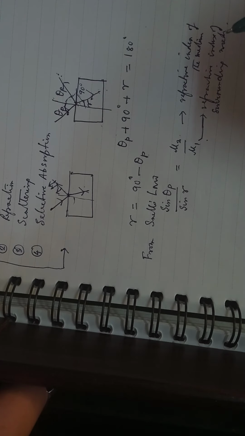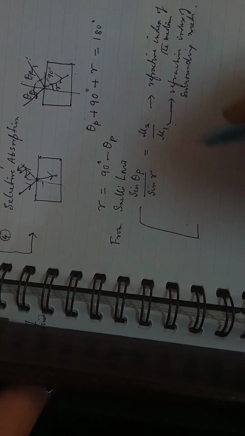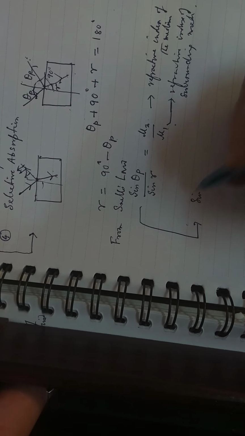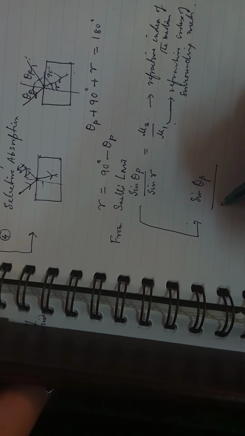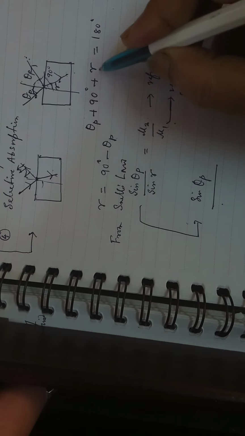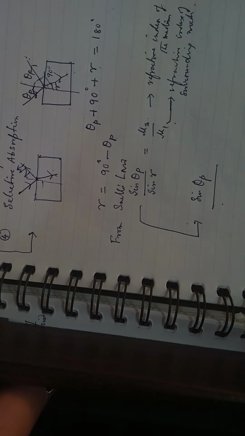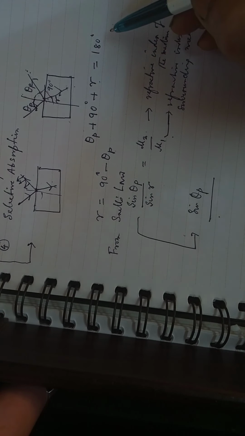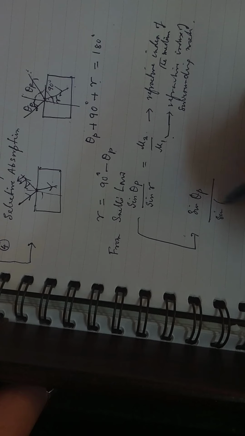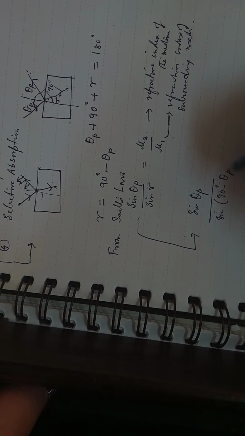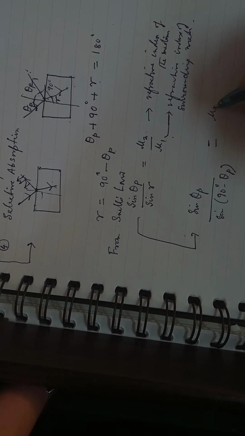Then sine theta p by sine of r, and instead of r we write 90 minus theta p, sine of 90 degrees minus theta p, will be equal to mu2 by mu1.